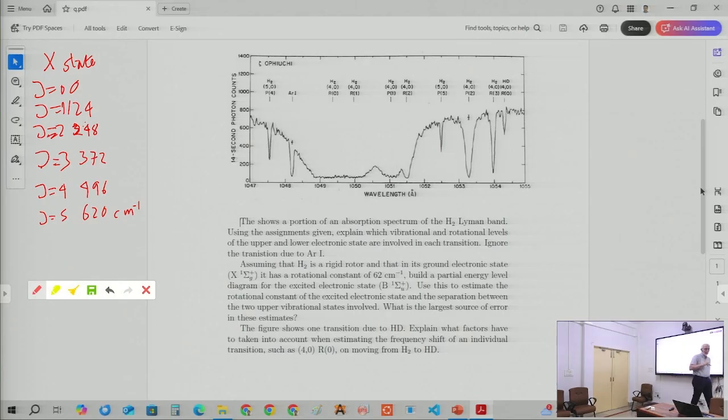Okay, anyone a dab hand at turning wave numbers into wavelengths? The formula I normally use is that 10,000 centimeters minus 1 is 1 upon lambda in microns.